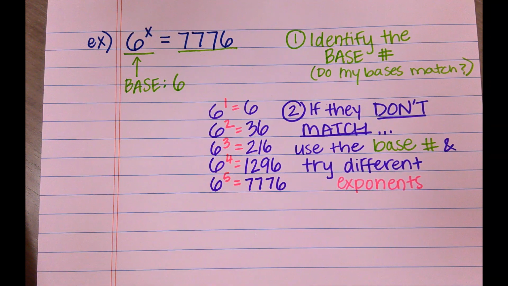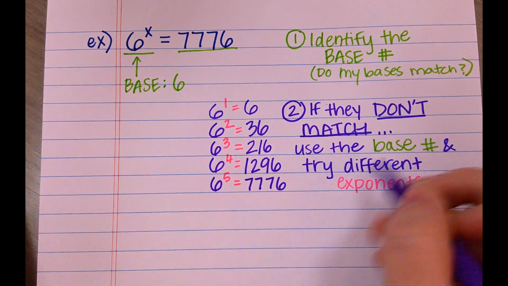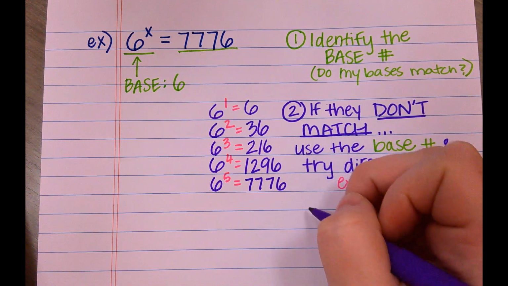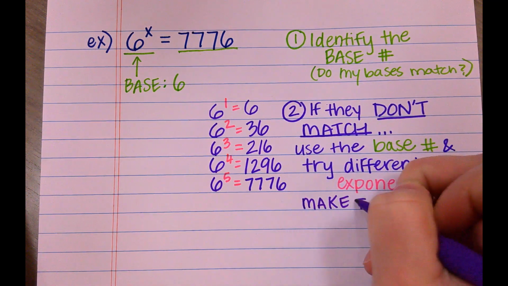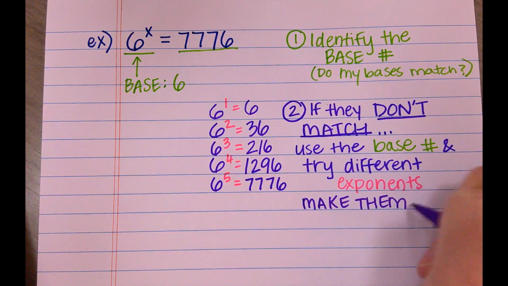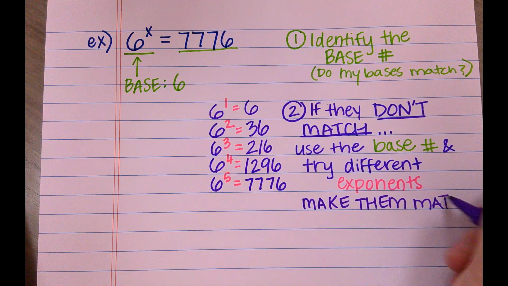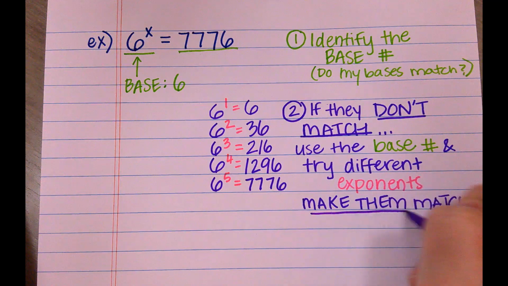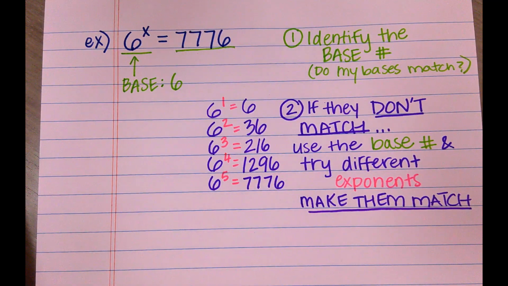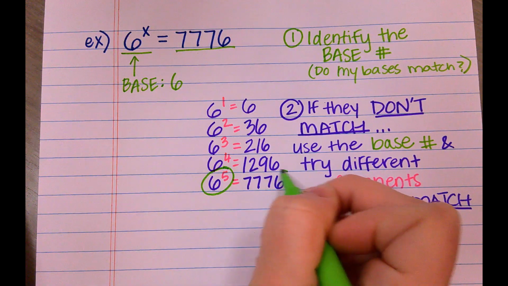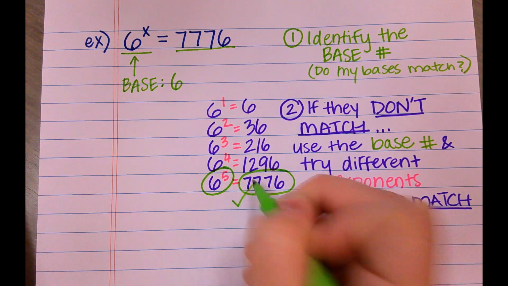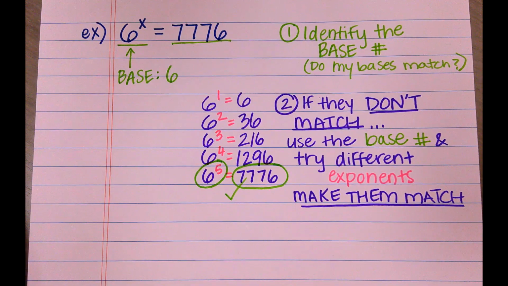So if they don't match, use the base number, try different exponents, and make them match. We found an exponent that will make them match. That's step 2.